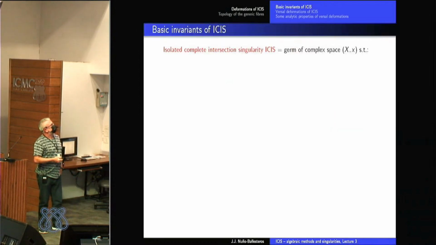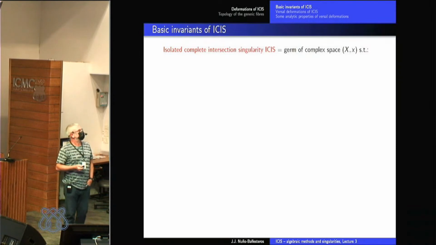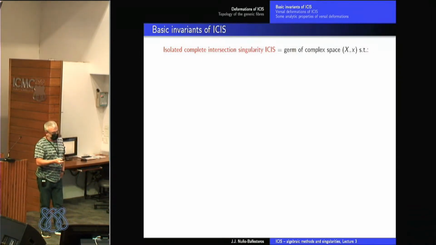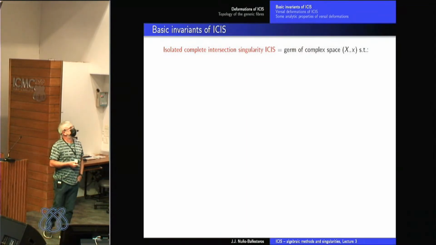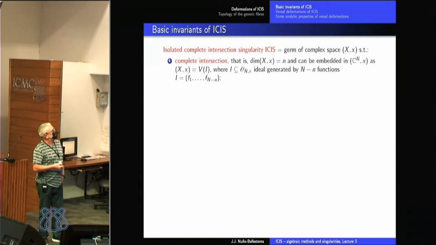So let's start. For the first point, I will review some basic invariants of ICIS, some of which were already presented in lecture 1 and lecture 2. Just to recall, an ICIS, an isolated complete intersection singularity, is a germ of complex space X which, on one hand, is a complete intersection.